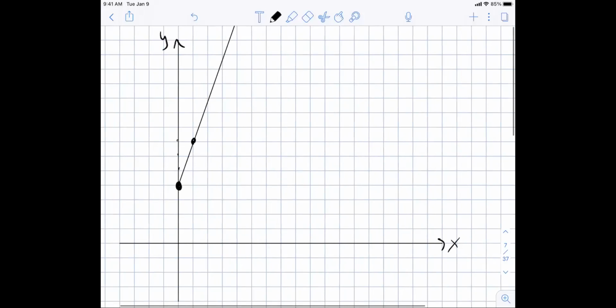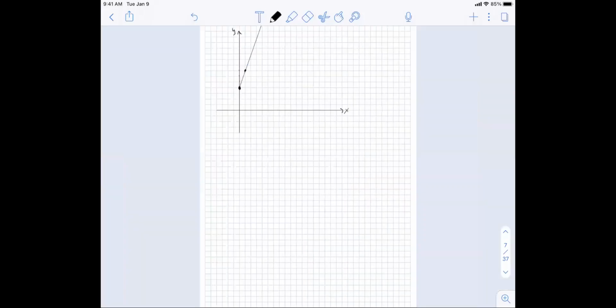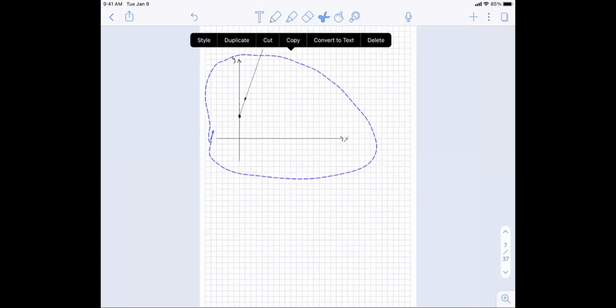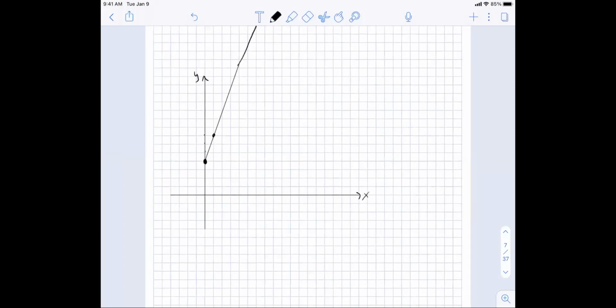Draw it between x equals 0 and x equals 5. This is going to go way off the screen, but you get what we're trying to do.